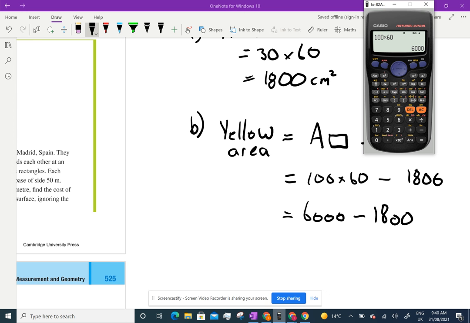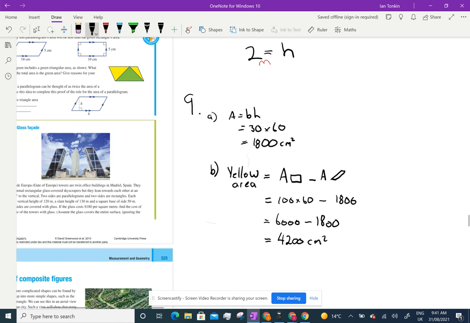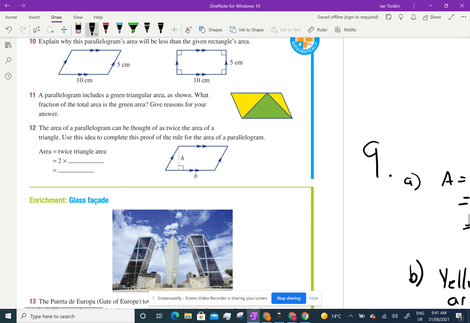So I'll use my calculator again and I'll go 6,000 minus 1800, 4,200 centimetre squares. And I'm just going to check that on my other computer, because I've got the answers there, and that's question 9, and we're correct. So you can have a go at question 11 on your own. It's similar, but see how you go.